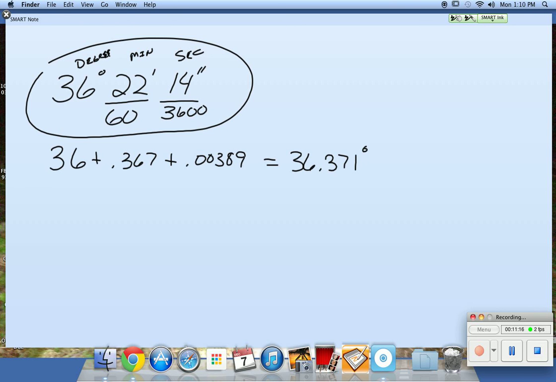If I came up with a pi, if I wanted to go back the other way, what would I do? Well, I want to be able to figure out what my minutes and seconds are. Well, how did I come up with this? I divided this, right? So I'm going to multiply this times 60.